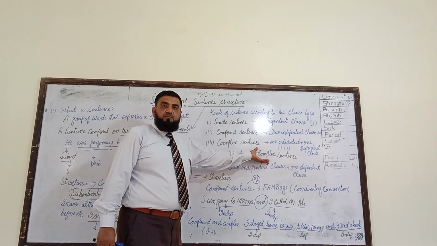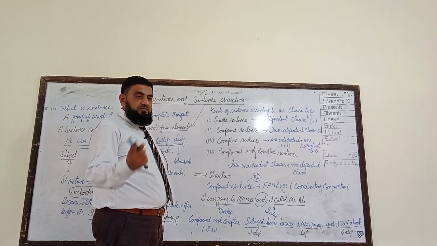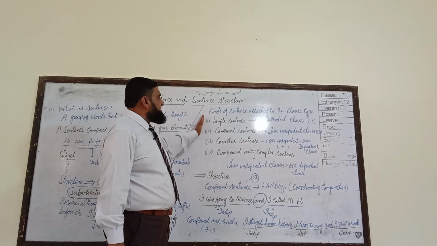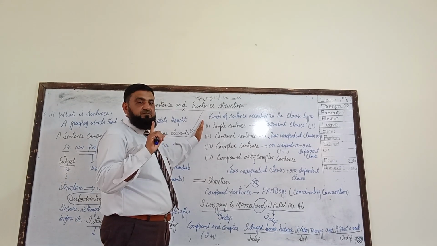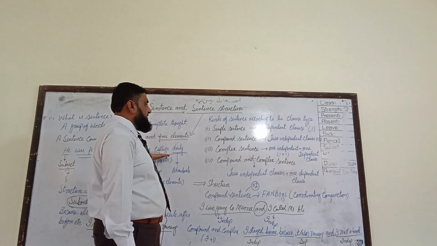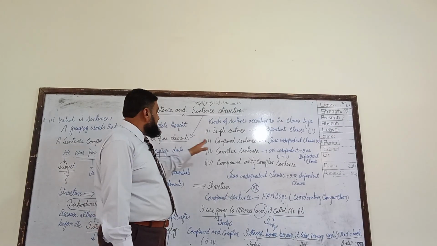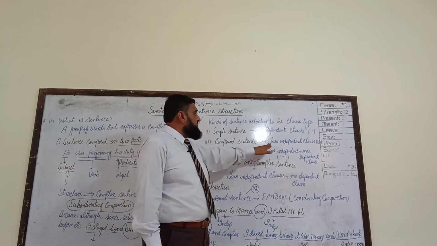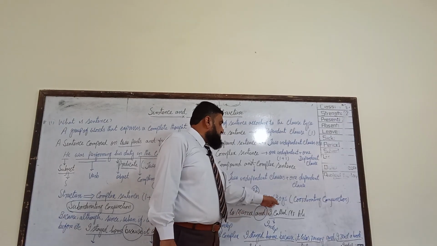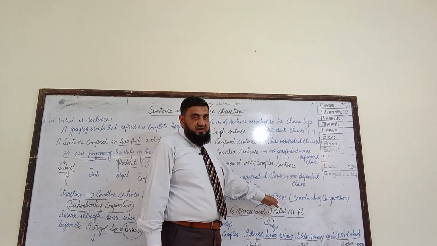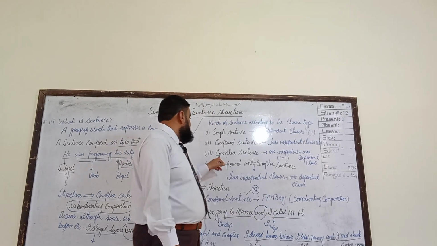So I am revising it again. One is the simple sentence: only one independent clause, there will be no conjunction. It may be composed of five elements or two parts. Compound sentence: two independent clauses joined by a coordinating conjunction, that is FANBOYS.